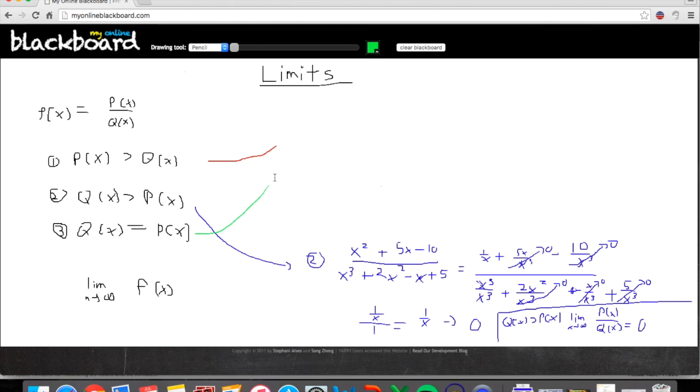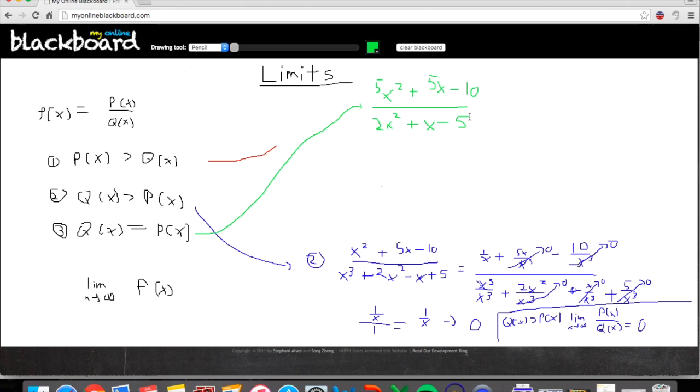So let's say we have 5x squared plus 5x minus 10, all over 2x squared plus x minus 5.